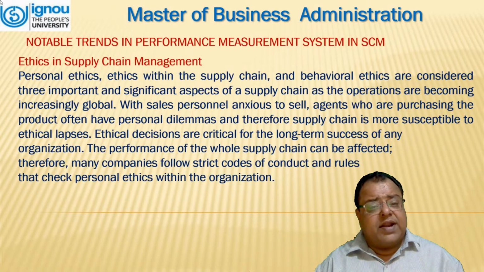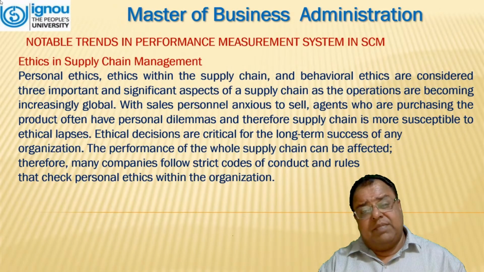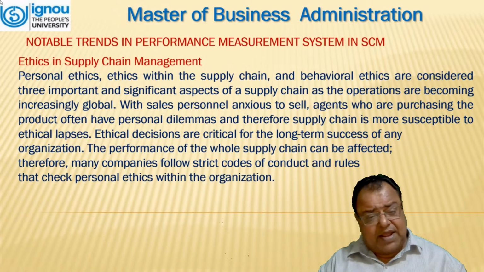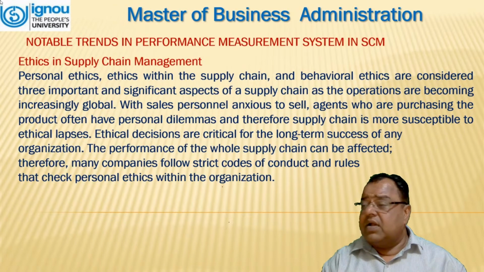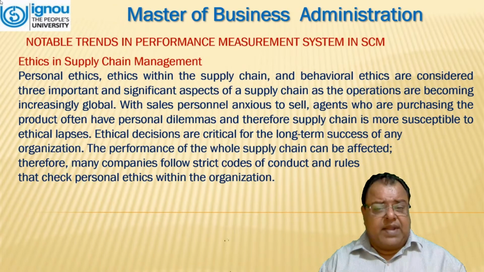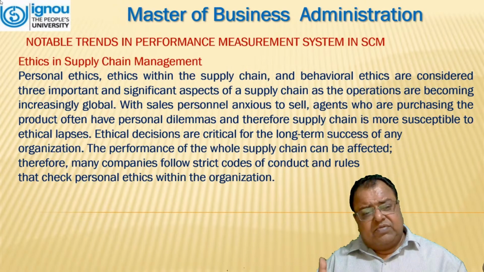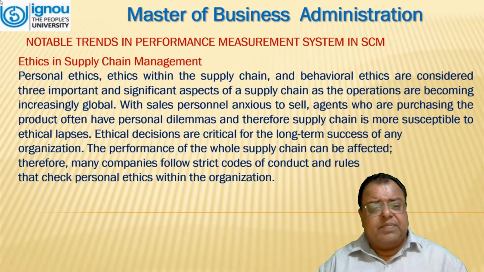What are the notable threats in performance measurement systems in supply chain management? Ethics in supply chain management: personal ethics, ethics within the supply chain, and behavioral ethics are considered three important and significant aspects of the supply chain, as operations are becoming increasingly global.